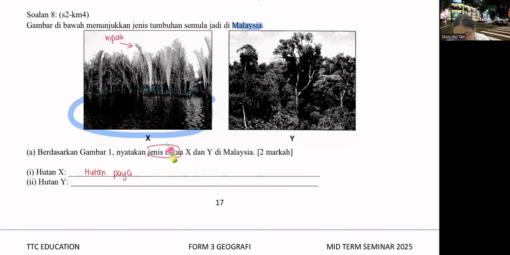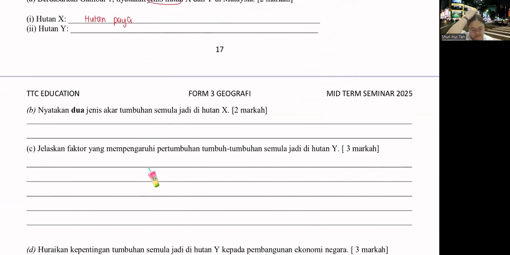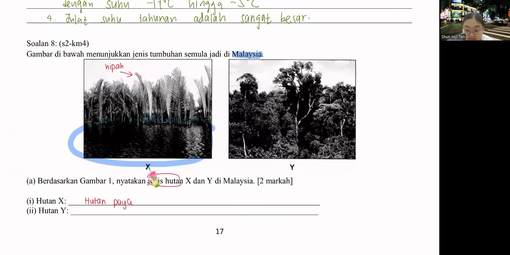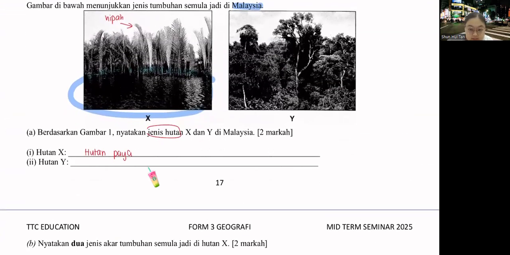This is a question where normally people get confused. How to find this? Hutan paya. And then how about Y? The picture with a full view of plants, a lot of plants, this kind, it's going to be hutan hujan tropika.